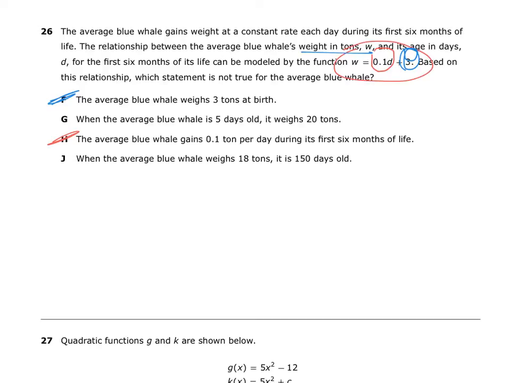Still not enough. We'll zoom out one more time. Hopefully that will give it to us. Trace a 150 again. 18. That is true. So you had to zoom out several times, but when you zoom out several times, you get that it is 18 tons at 150 days old. So the incorrect answer was G.